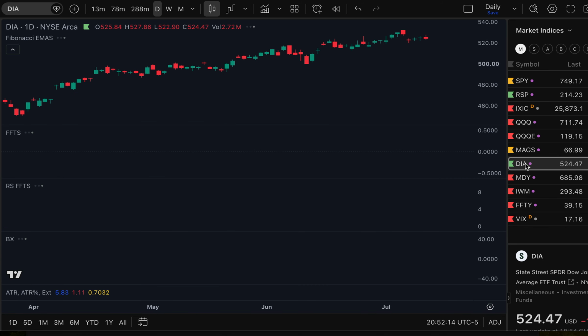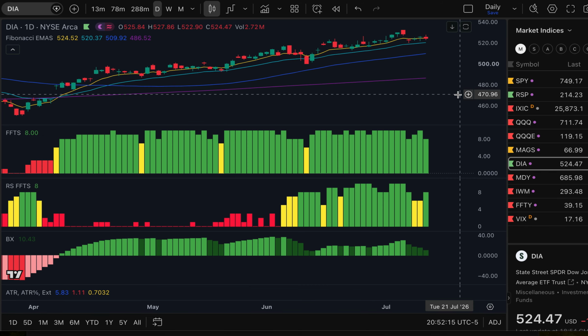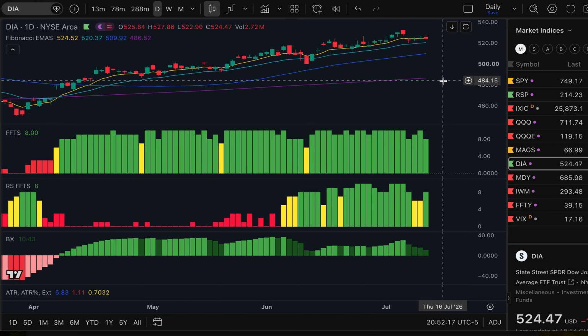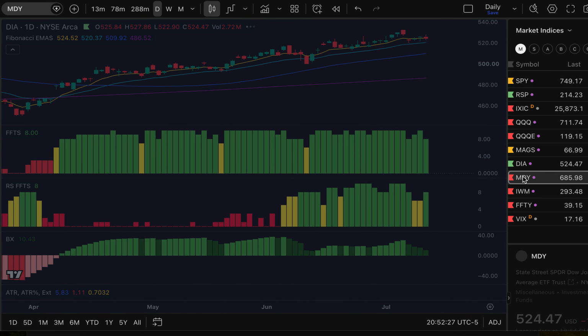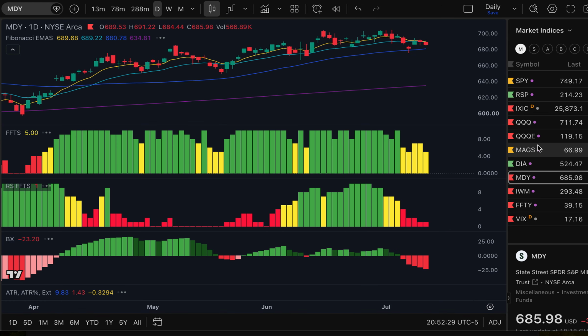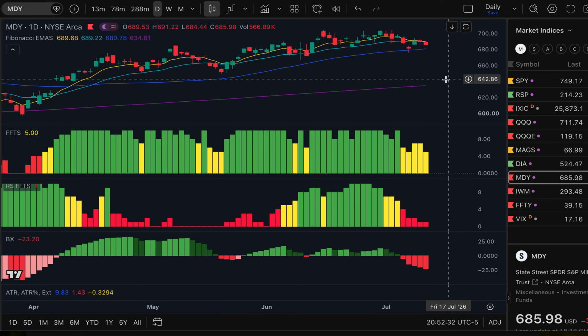The Dow Jones Industrial Average, 8 out of 10 on the trend, 8 out of 10 on the relative strength trend. Positive momentum, but it has been decreasing. The mid-caps MDY, 5 out of 10 on the trend, 1 out of 10 on the relative strength trend, and negative decreasing momentum.